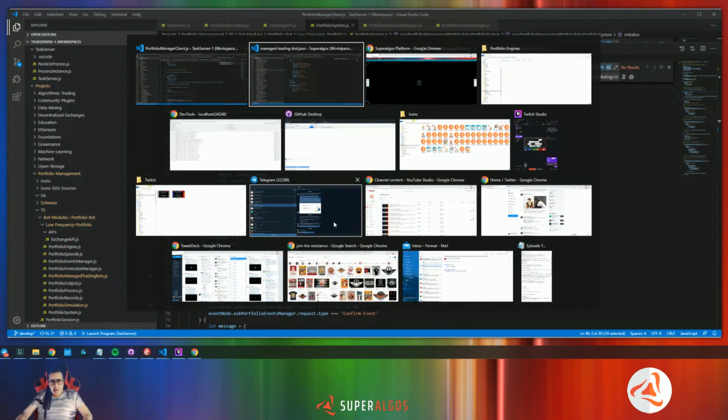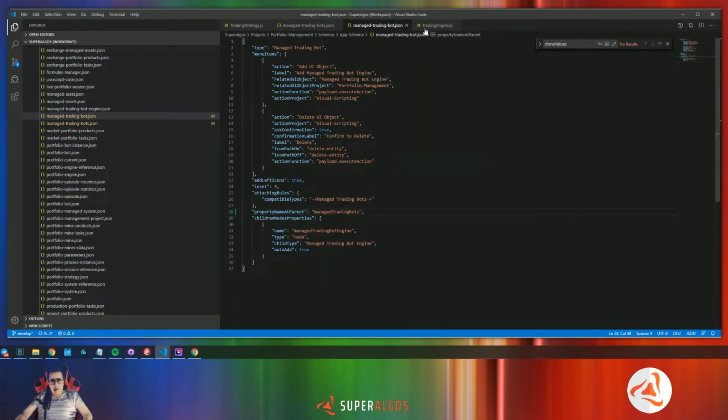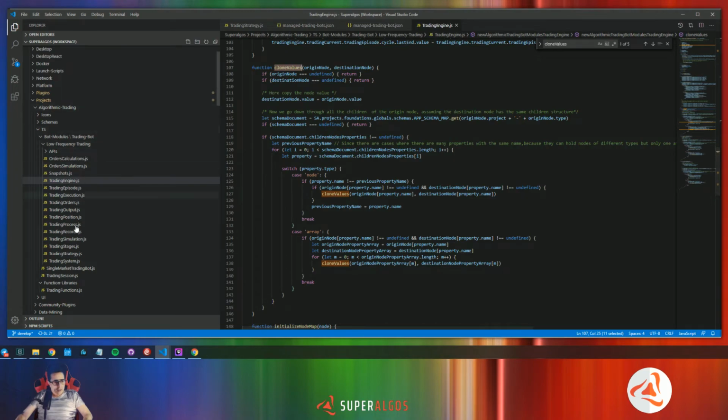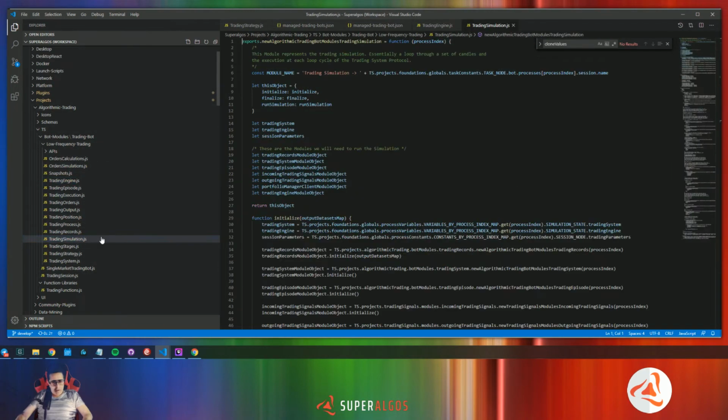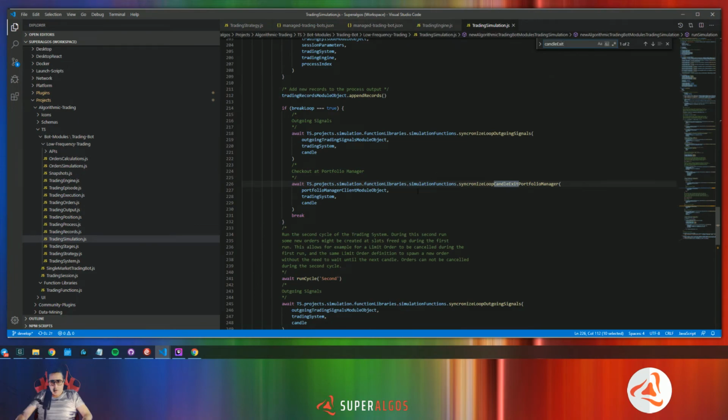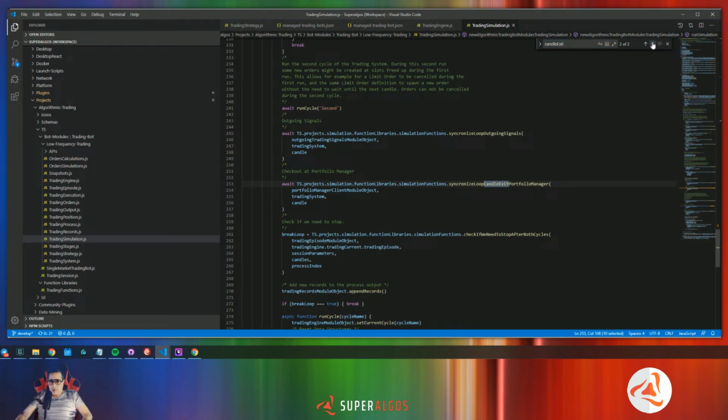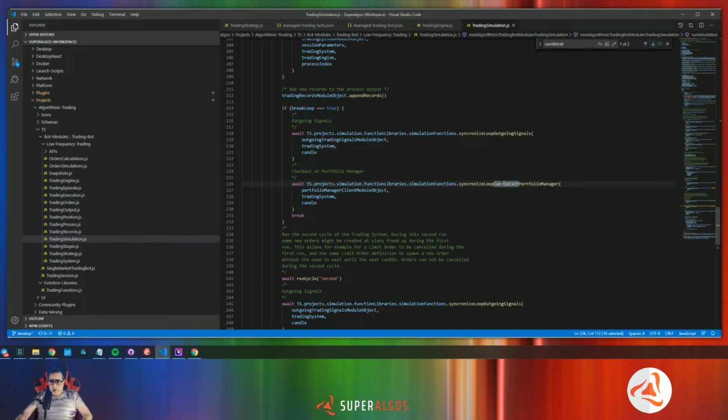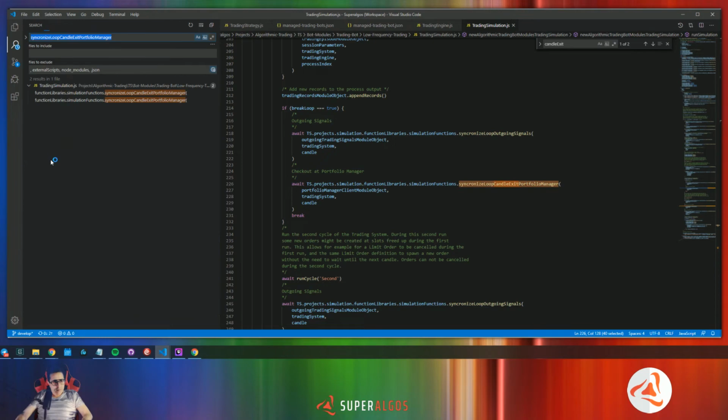Probably will use this guy, trading simulation. So there, it seems there is a function specialized for this.